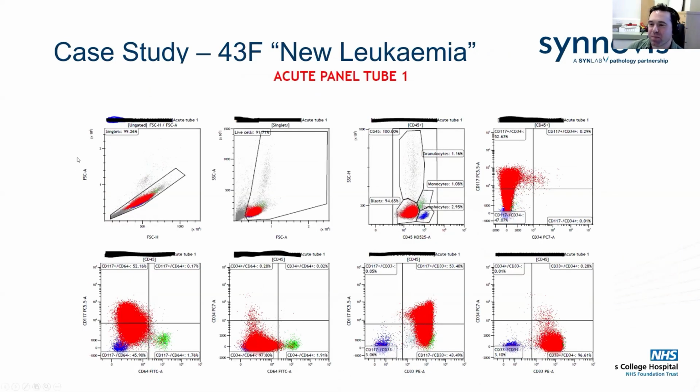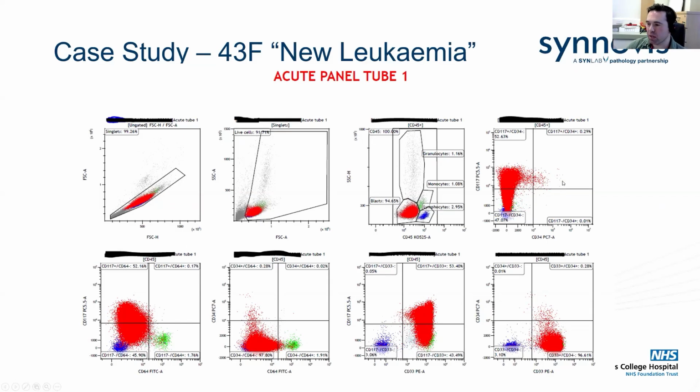Yeah, so this is a case study, a patient that came in last year, a 43-year-old female, and the clinical details just said new leukemia. So we set up our acute panel, which, as I showed you a while ago, was that 4-tube panel, which had a broad array of markers in it focused on both myeloid disease and lymphoid disease.